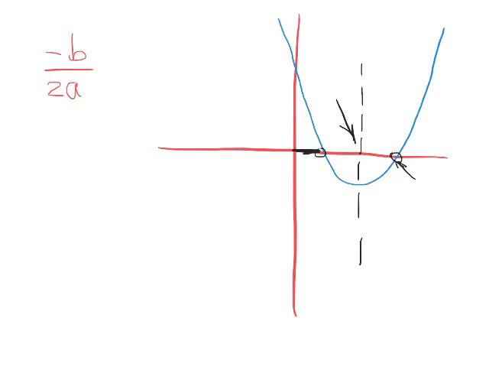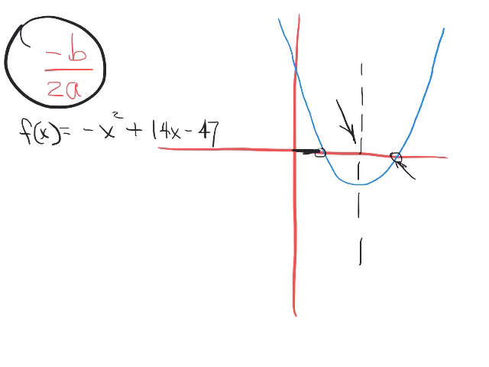So for example, if I had f of x equals negative x squared plus 14x minus 47. To find the vertex, all I have to do is take negative b over 2a, and that'll give me the x value of the vertex.